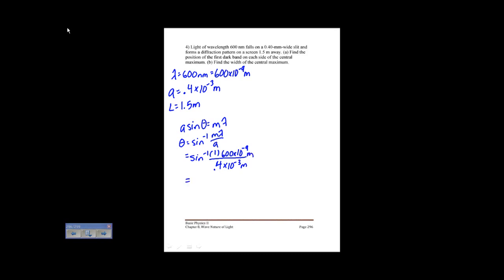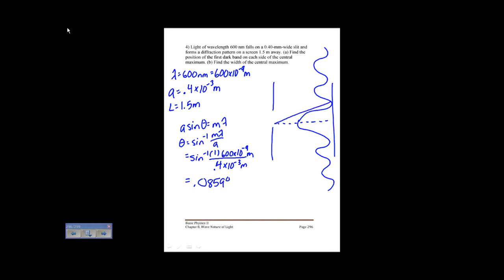Gives me an angle of 0.0859 degrees. Let's draw this right quick. So this angle is the angle to here. That's my angle theta. This is m equal 1 for the first dark fringe.